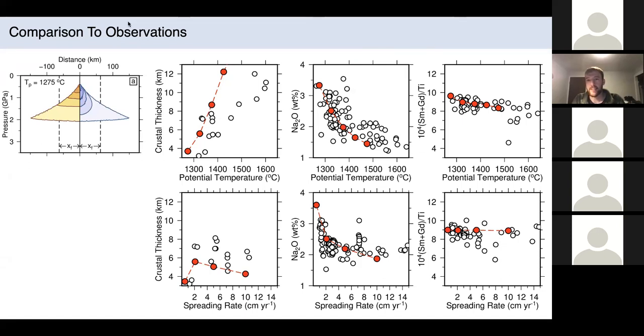So instead, I used these other ratios. So I looked at samarium plus gadolinium over titanium. But again, you can see that that's not particularly sensitive to changes in temperature. There is a correlation you can see, but it's not a large one. There's not a large variation there.